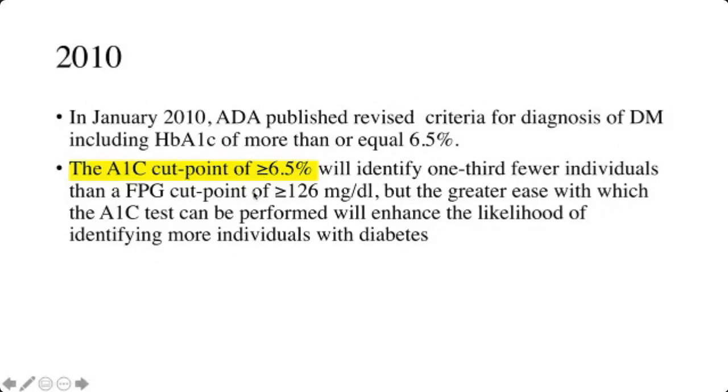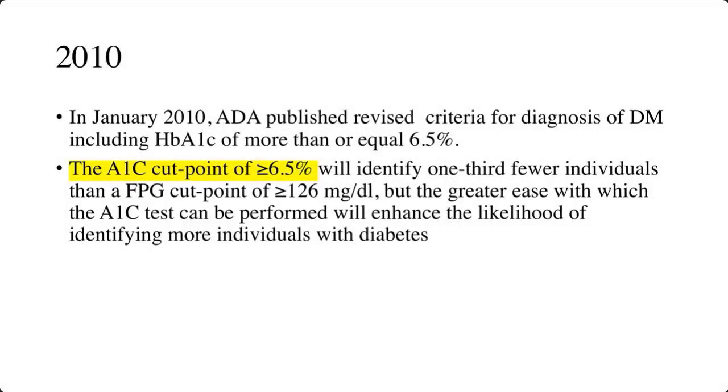This cutoff value was taken because it identified one third fewer individuals than a fasting plasma glucose cutoff of more than 126. Although we don't see it in our community, we could see more patients with hemoglobin A1C than with fasting blood sugar.